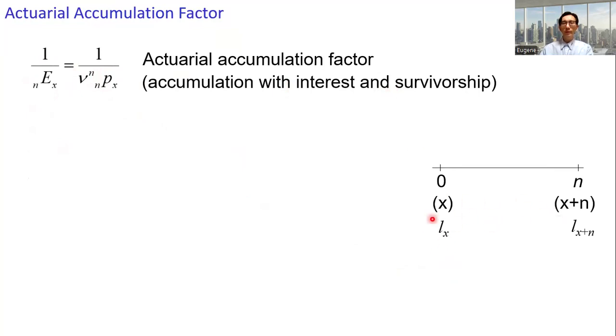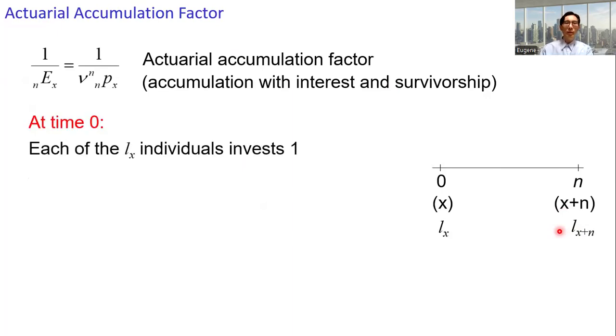Two cohorts at time 0: lx individuals at age x, and n years later, the expected number of individuals reaching age x plus n is l(x+n). At time 0, each of the lx individuals invests $1, and the total amount is lx dollars at time 0.